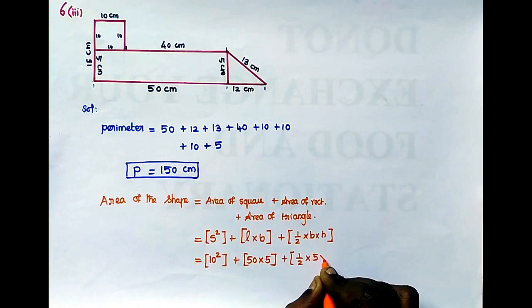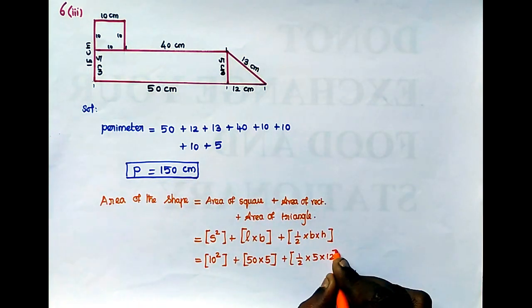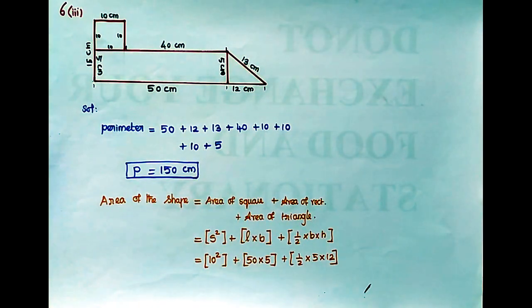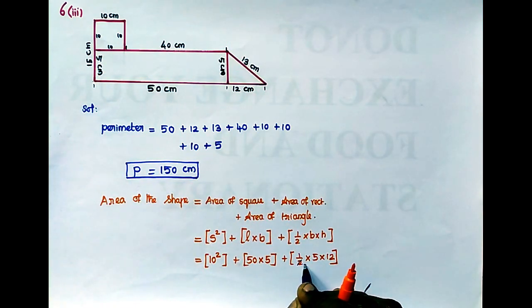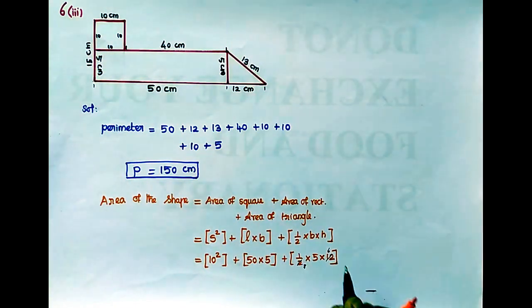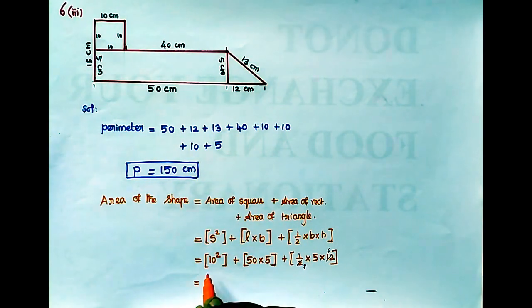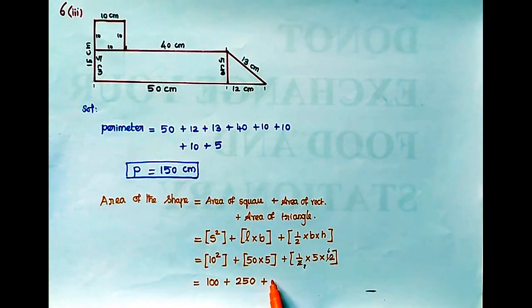So 5 into 12. Cancel these two numbers. 2 1 is 2, 2 6 are 12. 10 square is 100, plus 5 5s are 25, put the 0 means 250, plus 5 6 are 30.